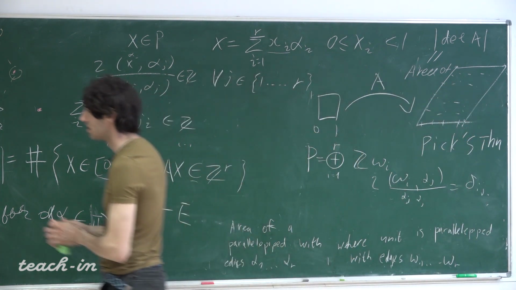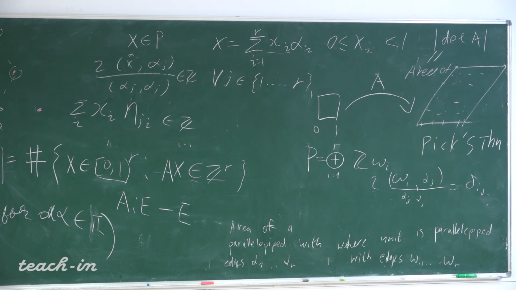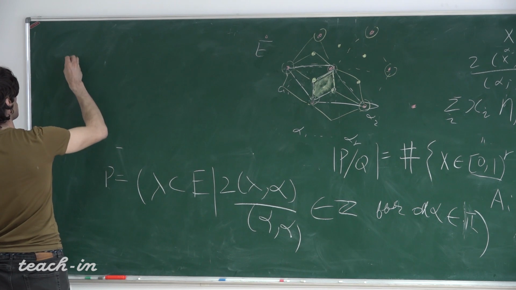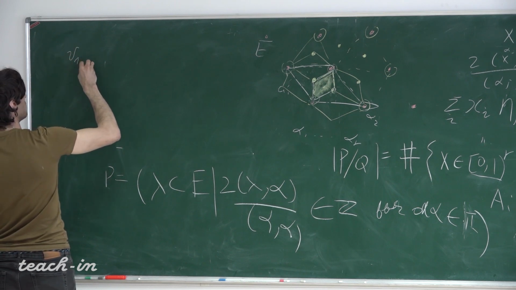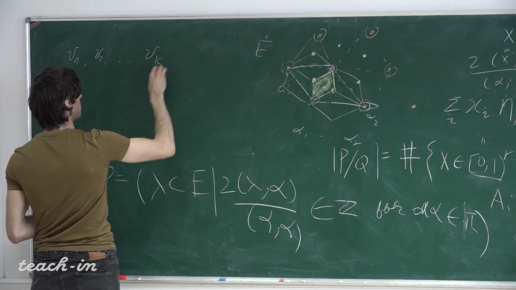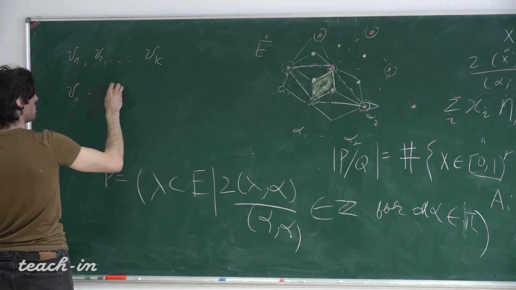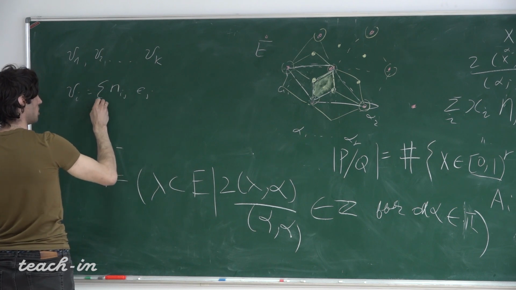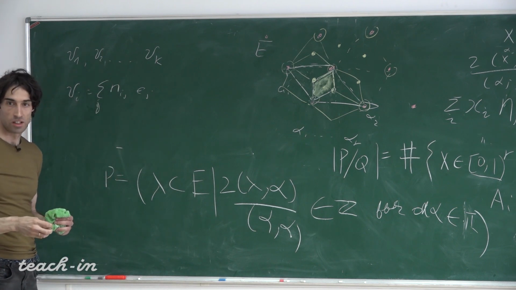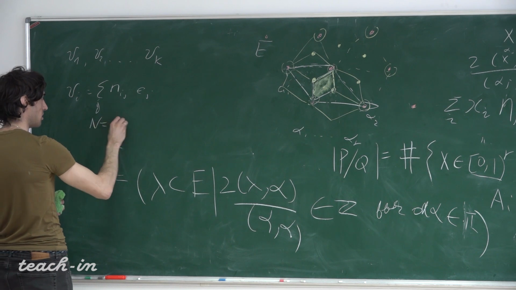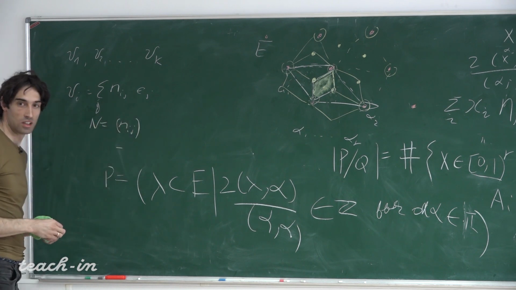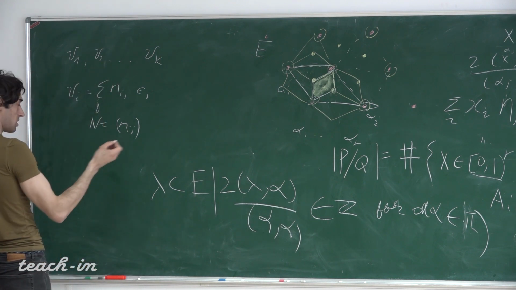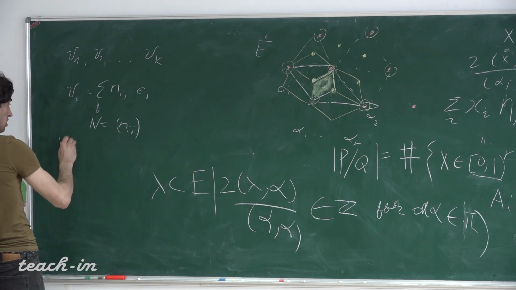Okay, so let me again. So if I have V1, V2, again Vk, and Vi is say N ij, Ej, sum over j. Let me consider the matrix N. Then I claim that, here I shouldn't say area, I should say rather volume, right?